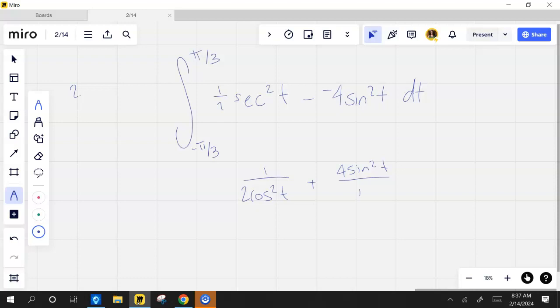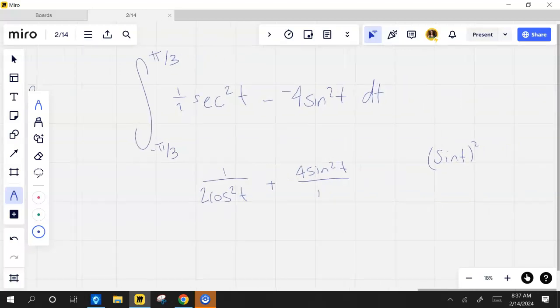Oh, you mean could we do this? Yes, you can do that if you want to. Same thing. But then your du is going to be cosine, and I don't have a cosine. But you could if it worked. But because these are added and not multiplied, this is really like this.